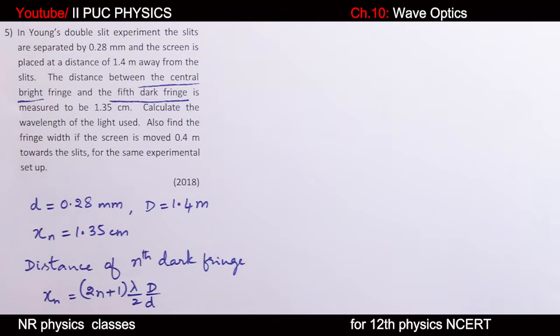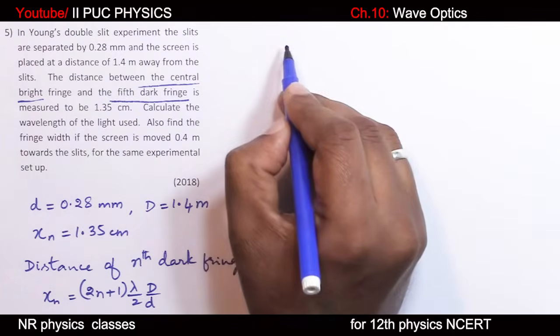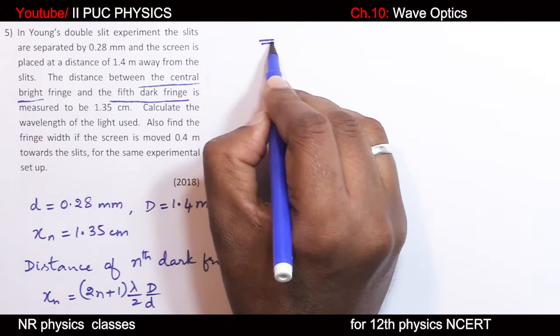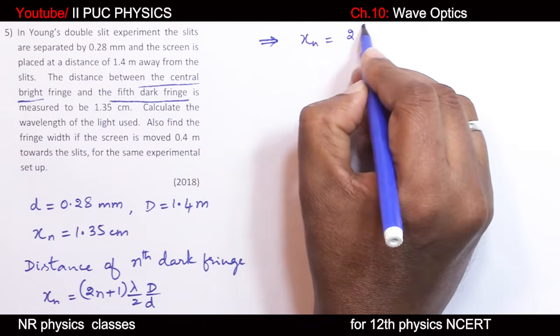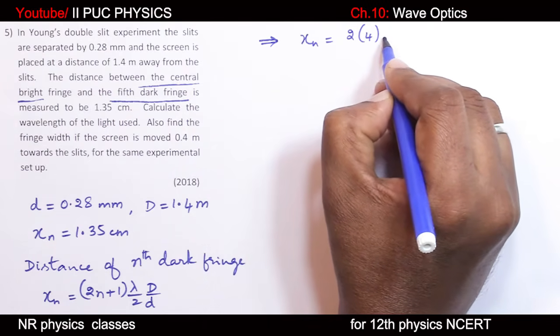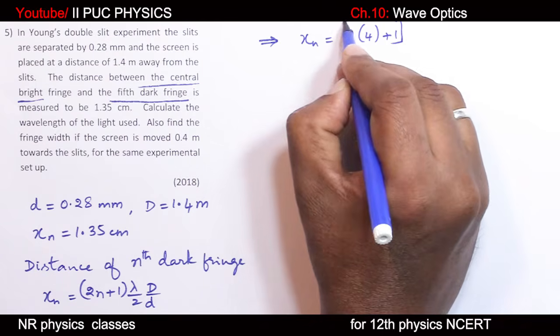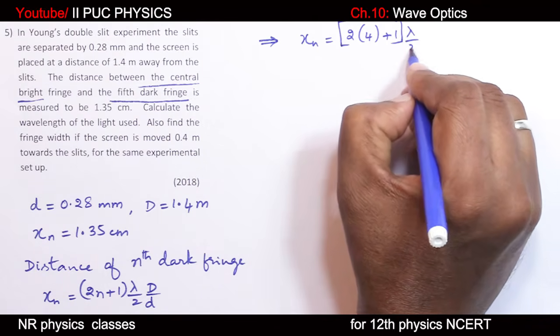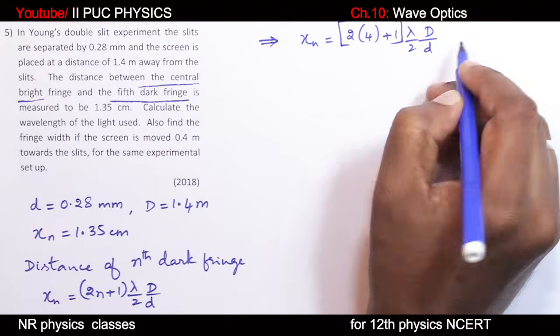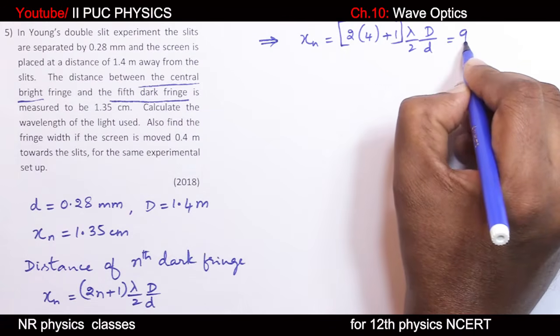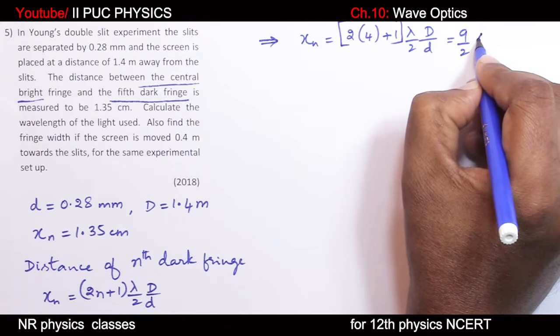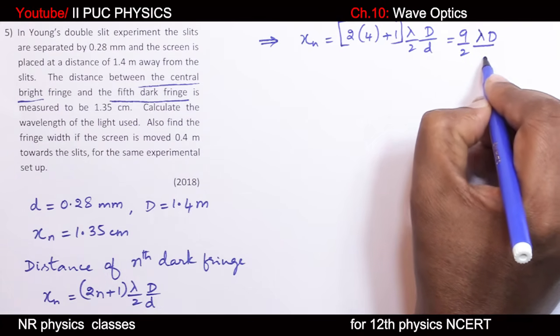For the fifth dark fringe, n is 4, which implies Xn equal to (2 into 4 plus 1) lambda by 2 capital D by small d. 4 into 2 is 8 plus 1 is 9, so 9 by 2 lambda capital D by small d.